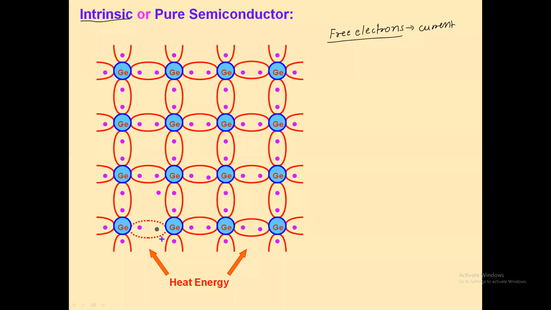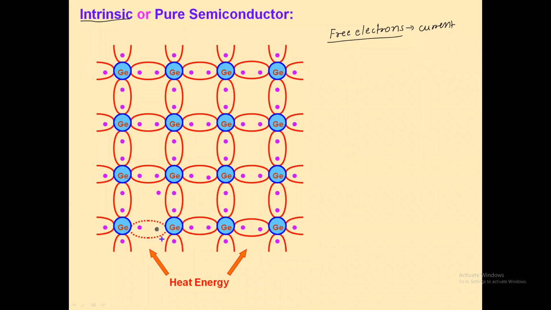So in a pure semiconductor material, all covalent bonds are present, but due to room temperature, some covalent bonds break and a few free electrons are produced.